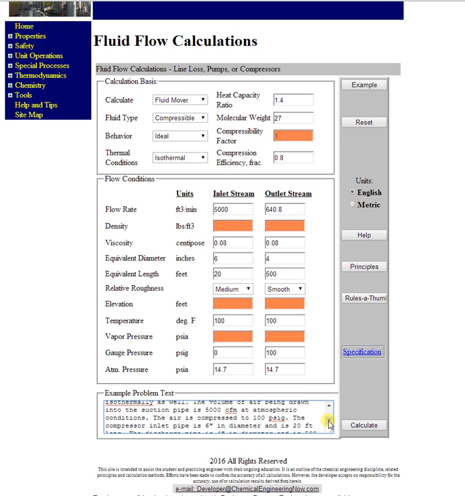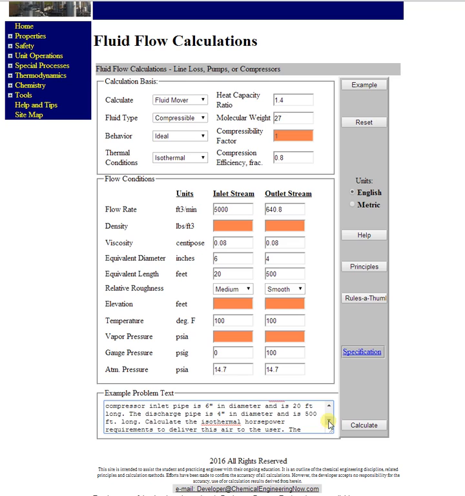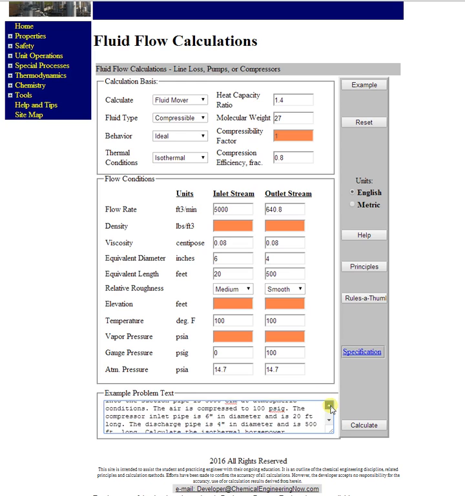The air is compressed to 100 psig. The inlet piping is 6 inches and 20 feet length. The discharge piping is 4 inches with a length of 500 feet, and we're going to calculate the isothermal horsepower requirements. The thermal efficiency of the compressor is 80%.